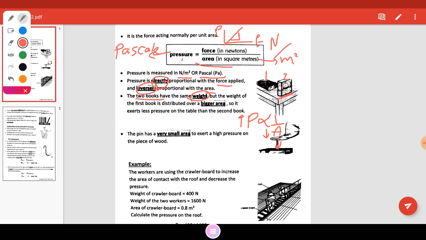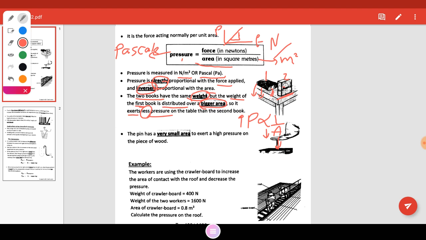The two boxes have the same weight, but the weight of the first box is distributed on a large area, over a bigger area, so it exerts less pressure.